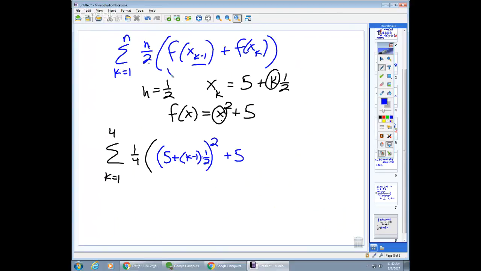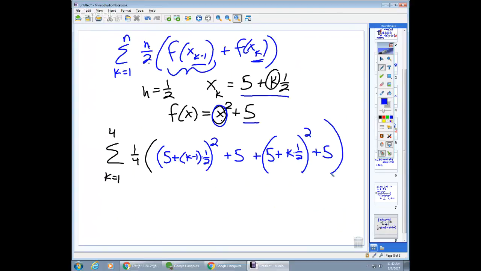So I've just calculated the first y value. Now I need to calculate the second. The second says plug in your x value, which is just k for the second part. So that's going to be parentheses for my x value, 5 plus k times 1/2, squared plus 5.